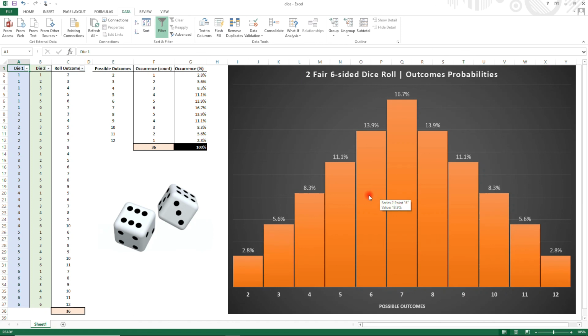So they are independent. But having said that, given the probabilities of the combinations of the 2 dice, you can see which combinations or which outcomes are the most likely to happen.